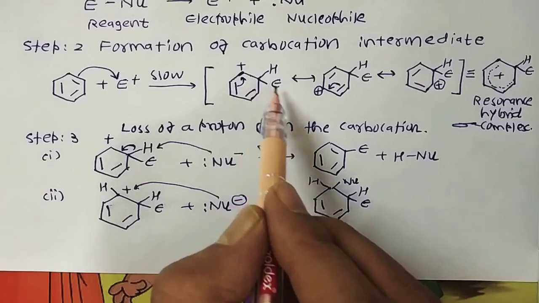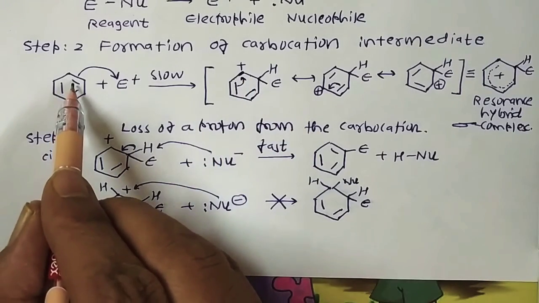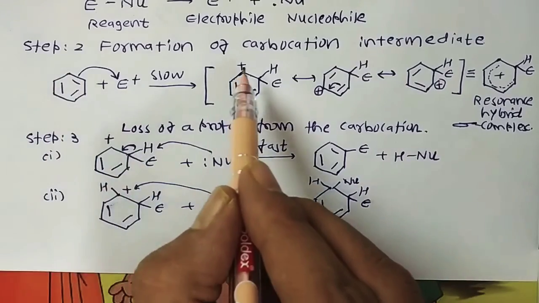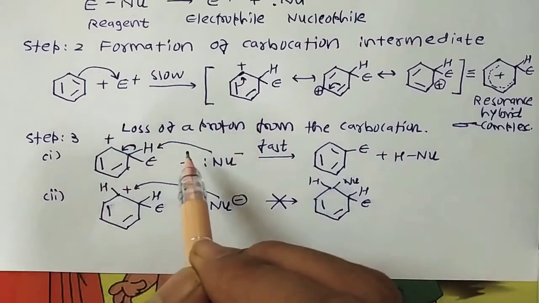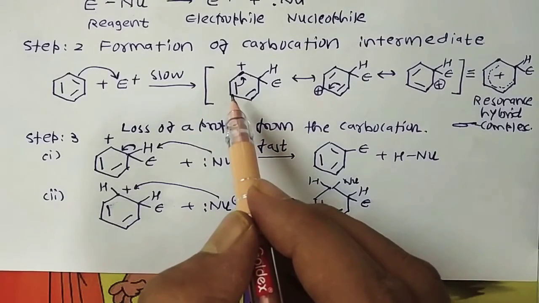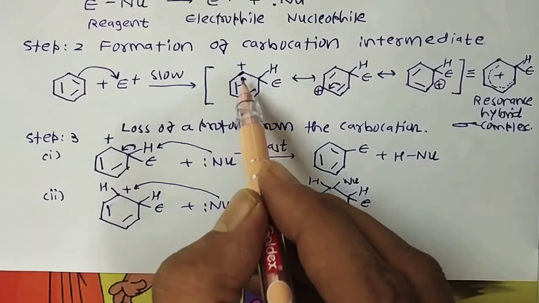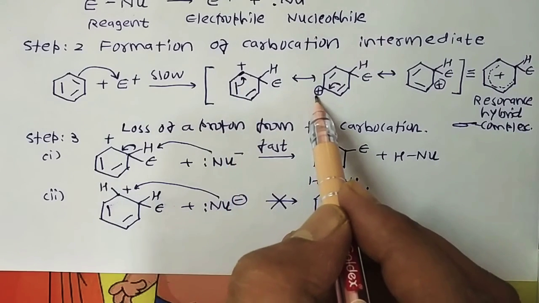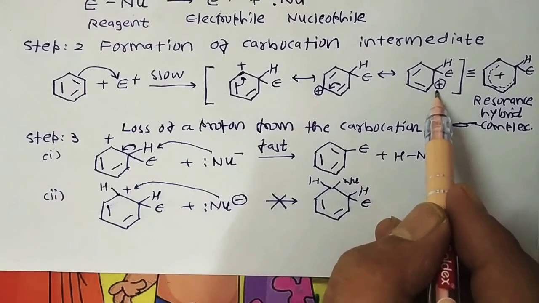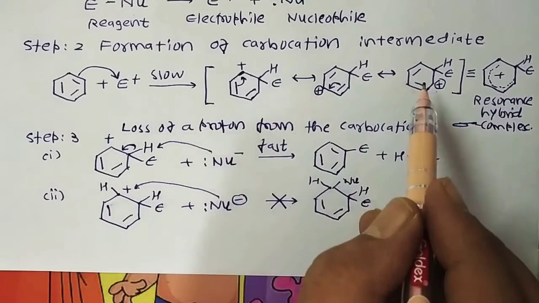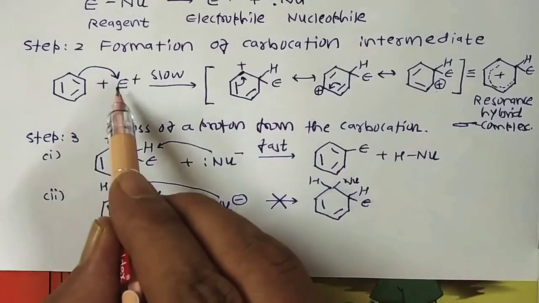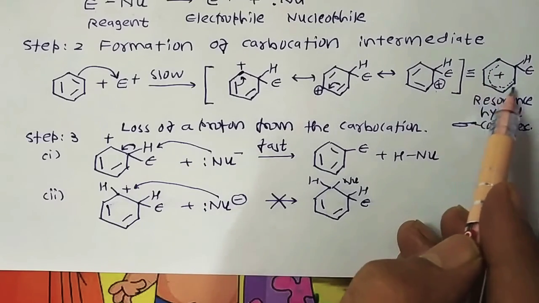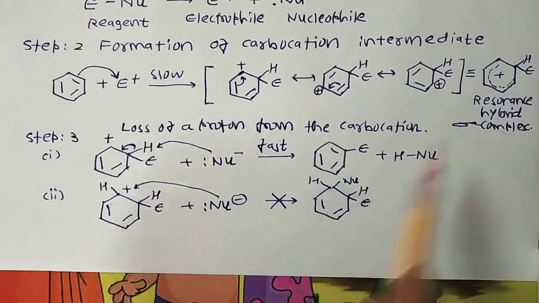So E, H and E. Now, because the ring loses electrons, there is a deficiency of electrons on this carbon, so it is converted into a carbocation. But as we know, in the case of this carbon, the resonance hybrid suggests that the pi electrons shift, and it is converted into another carbocation, and the next positive position is here. Overall, these are canonical structures, but as a hybrid structure, E and H are partially delocalized over this part. So it is called a sigma complex.